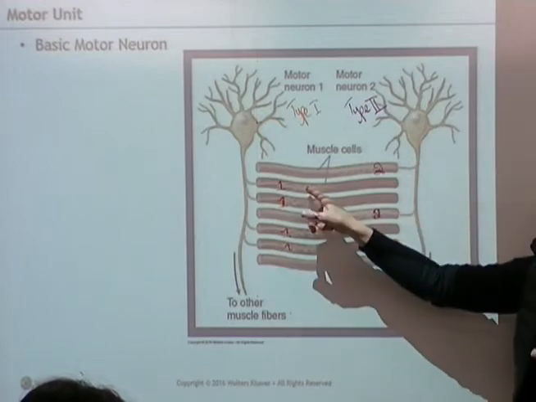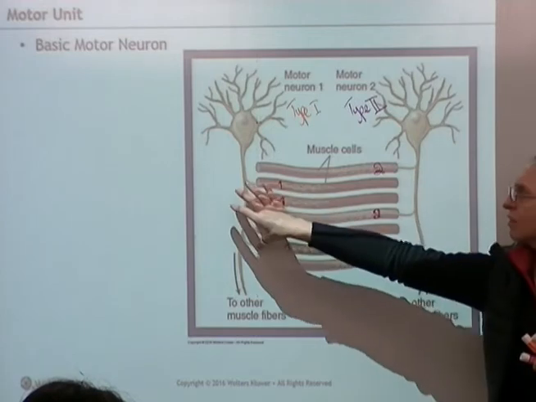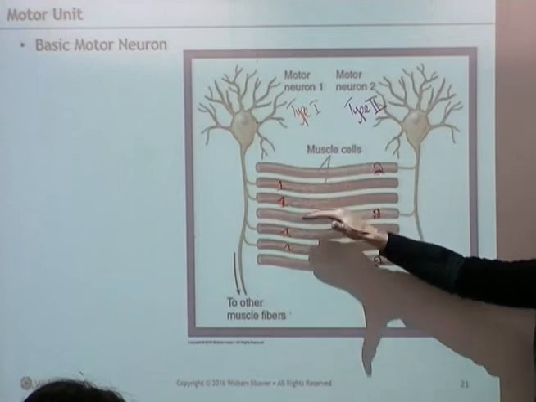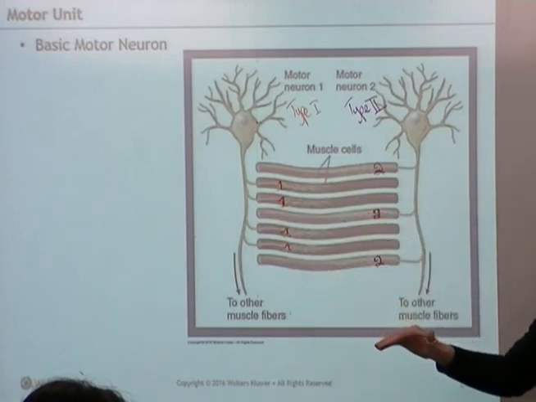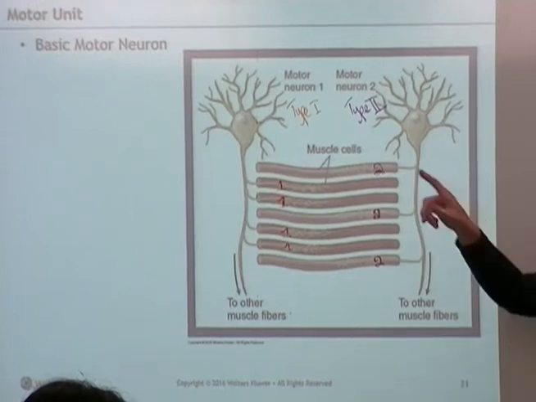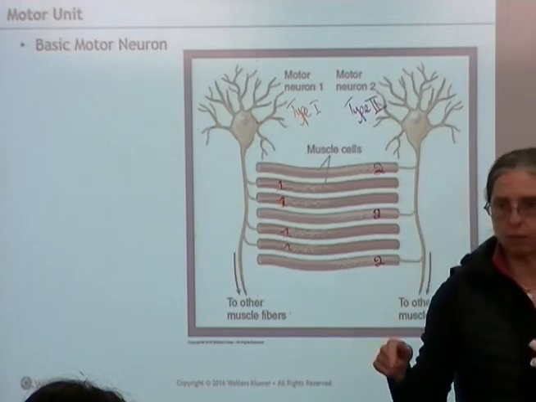Because all these fibers are attaching to the same motor nerve, they are all type 1 fibers. So a motor unit can only be type 1 or type 2.